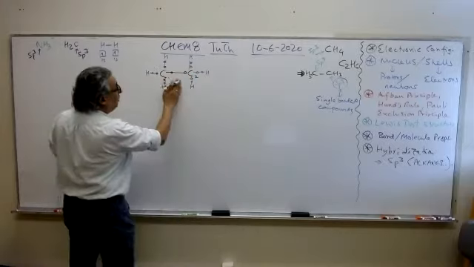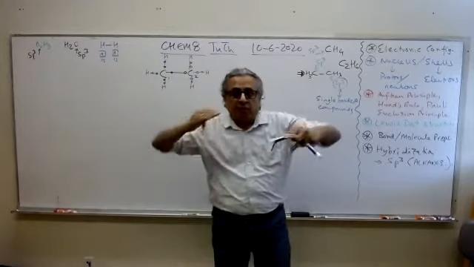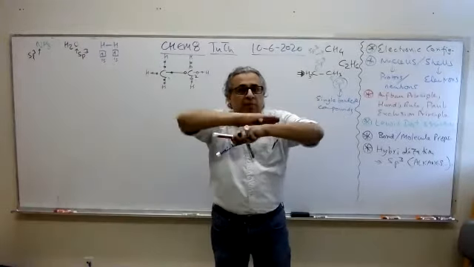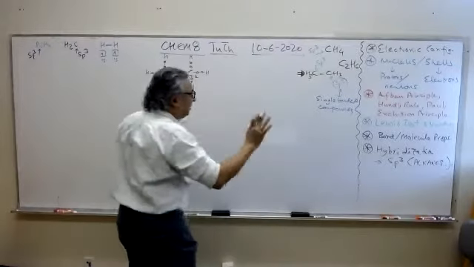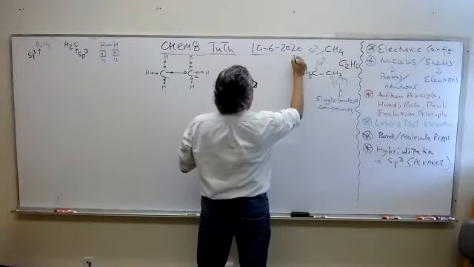They're all covalent bonds, and all these covalent bonds are made from axial overlap of orbitals. I'll just mention it one more time, just in case you have forgotten it.